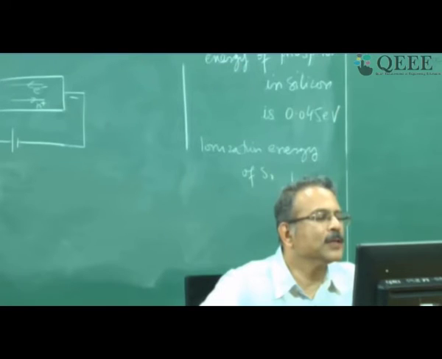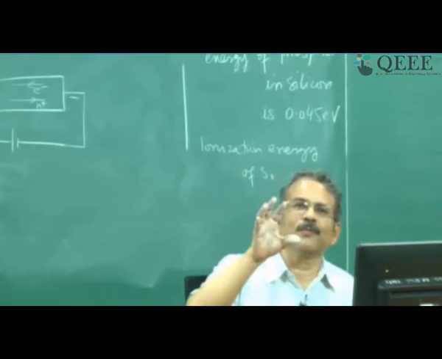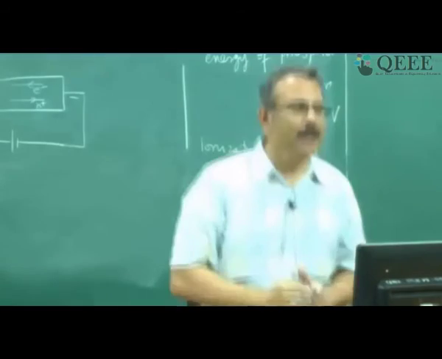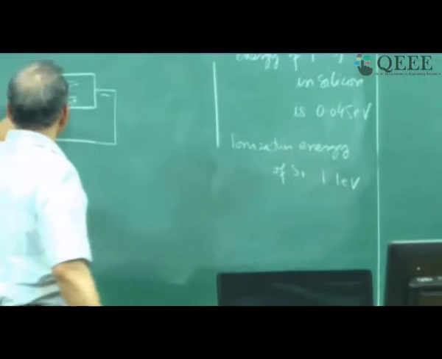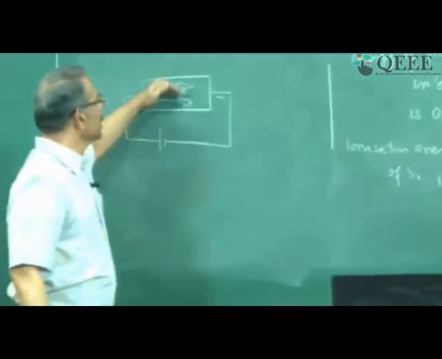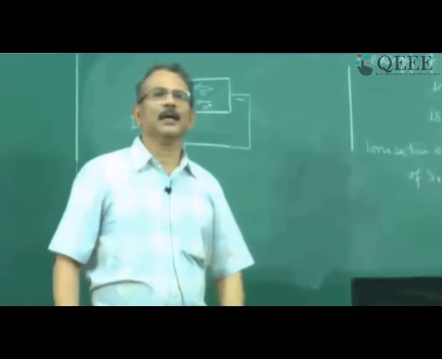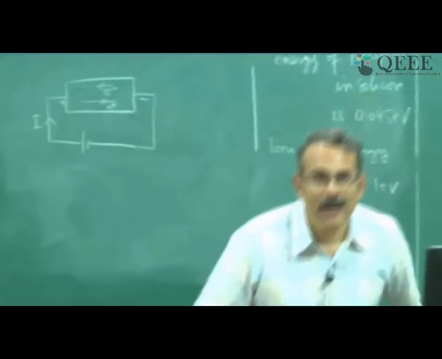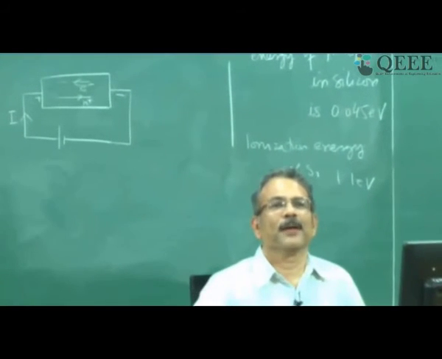Why is the direction of hole flow considered as the direction of current flow, not the direction of electron flow? No, we are considering the electron flow too. As you can see here, when there is a drift, you take the direction of electron flow into account also. When we come to diffusion, you will see both electrons and holes can move in the same direction, right? But then their contributions will cancel out, okay?